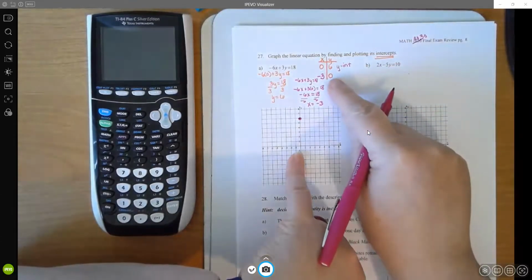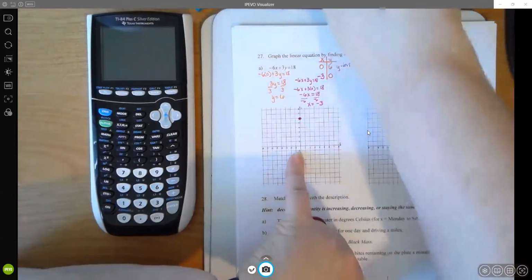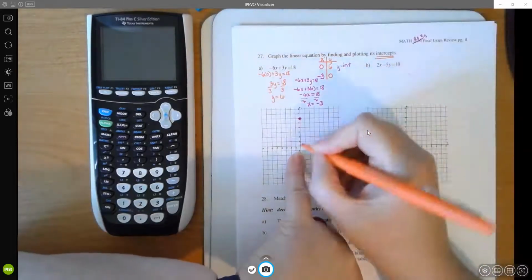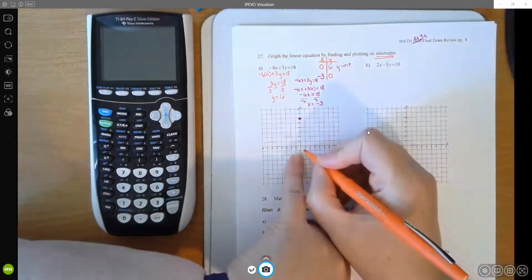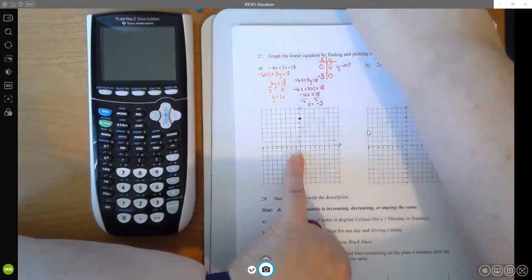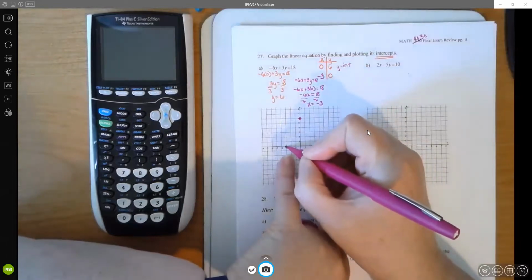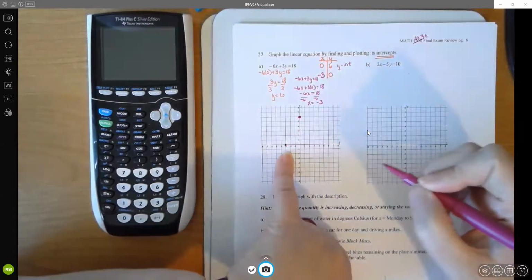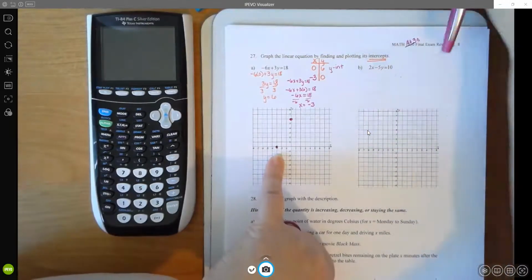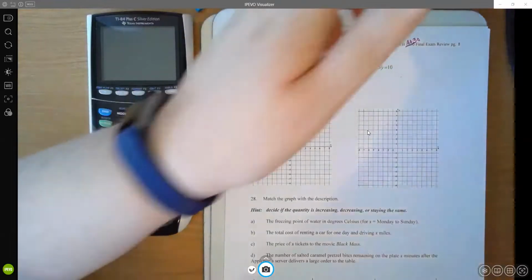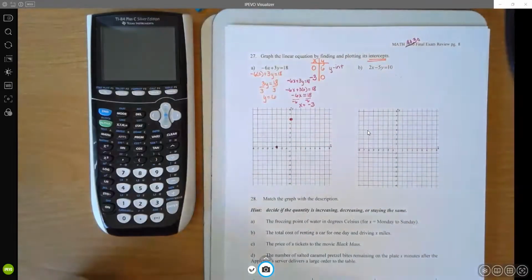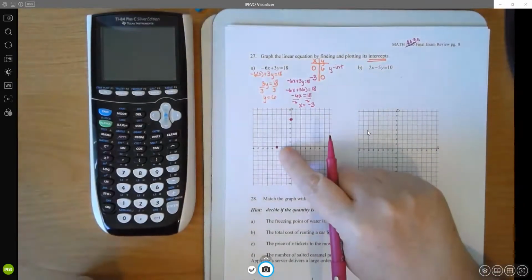When I let my y be 0, that gives me my x-intercept.